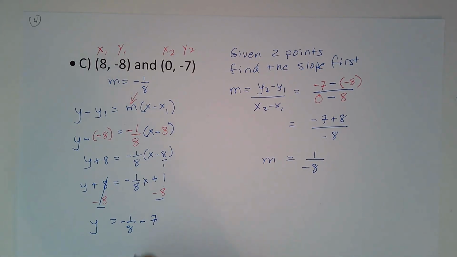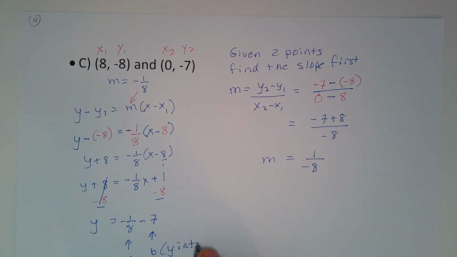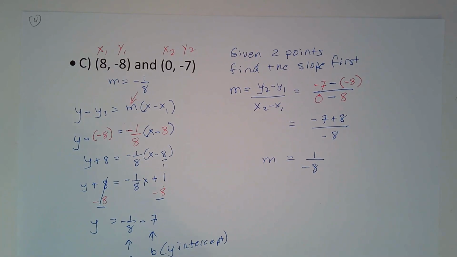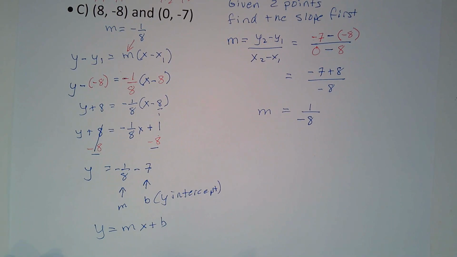So we've got your slope, we've got your y-intercept. When I say b, that's the y-intercept. This answer has come out in slope-intercept form, if you can see that. So that's basically it.